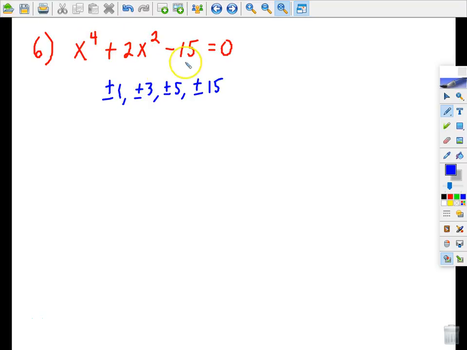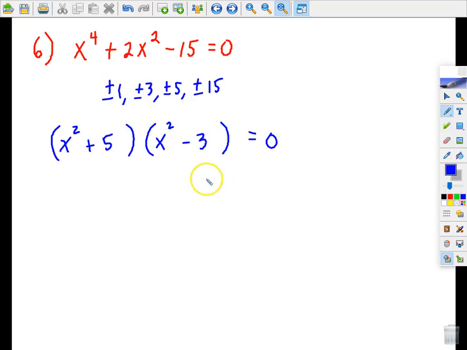This is a quartic trinomial, and I'm recognizing that the factors of negative 15 that add up to positive 2 are positive 5 and negative 3. So I can factor this as 2 quadratic binomials. So hopefully this looks familiar. You did some of these last night on the section 6.4 homework. All right. So x squared plus 5 and x squared minus 3 represents the factoring.